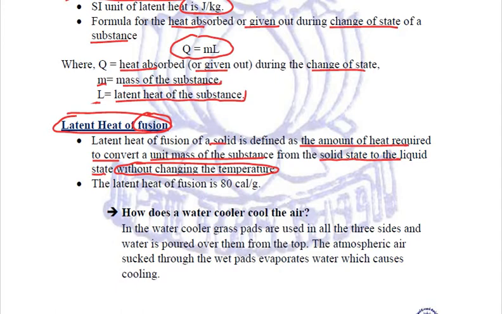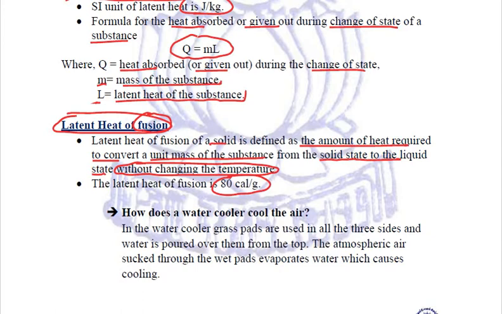And the latent heat of fusion for conversion of a solid into liquid is 80 calories per gram, right?